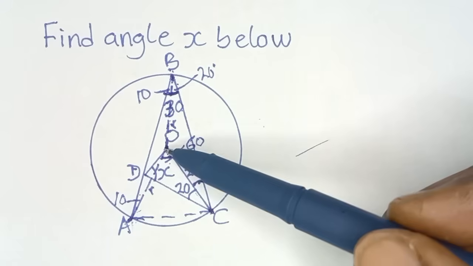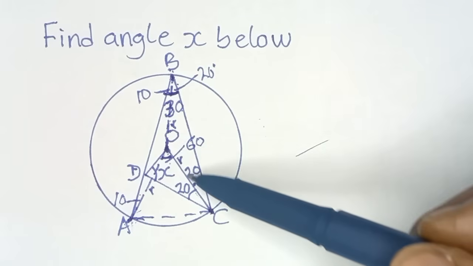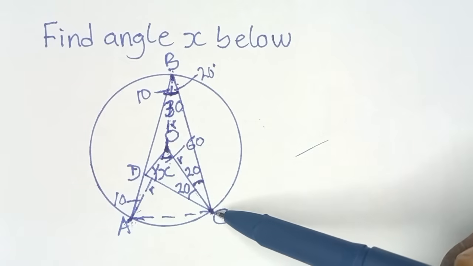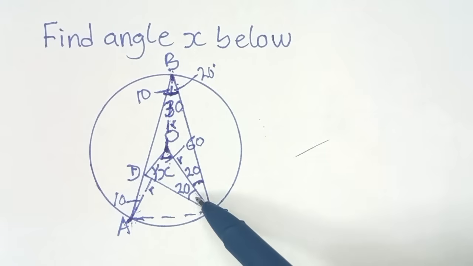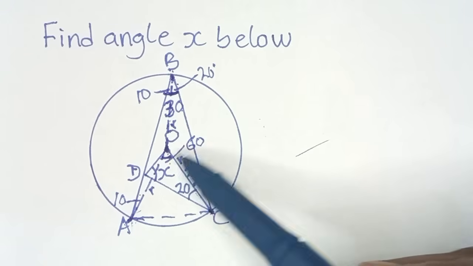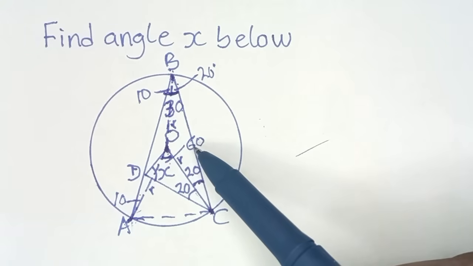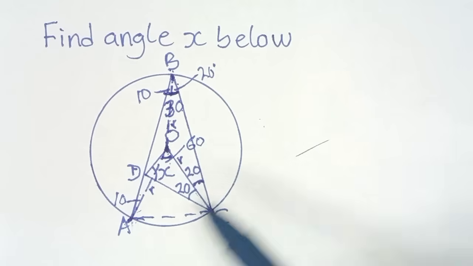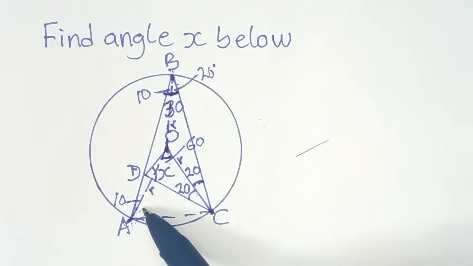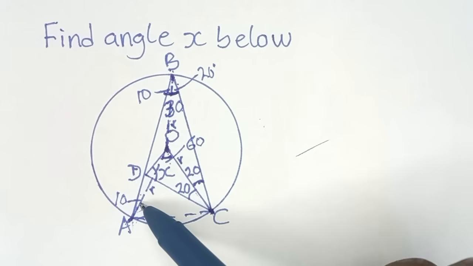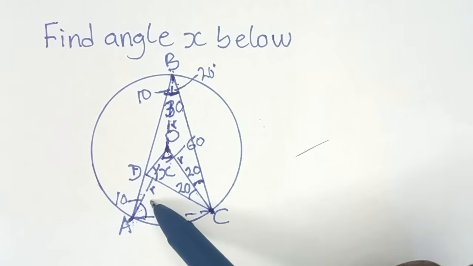So these two sides are equal, radius and radius. So they are equal. That means the base angles will also be equal. So if this is 60 already, when we subtract 60 from 180, it gives us 120. Because these two angles are equal, we have to share the 120 between them. So 120 divided by 2 will give us 60. So that means this angle here is 60 degrees.